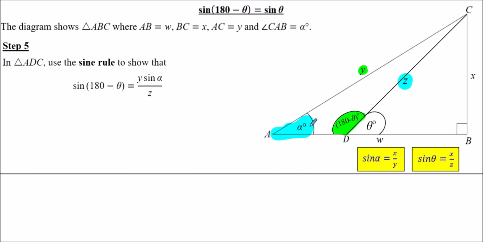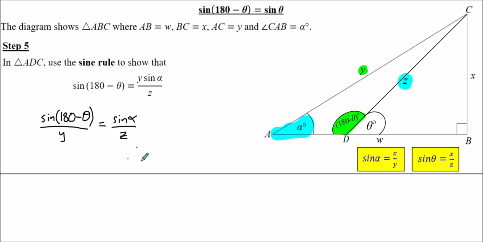So using the sine rule, we can say that the sine of 180 minus theta divided by the side opposite to it, which is y, must equal the sine of alpha divided by the size of the side opposite to alpha, which is z.